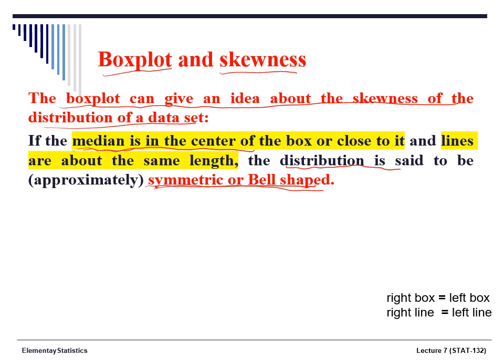Assume you are given a box plot, and you will have such a graph, such a box plot. Assume you have this one. Now here in this box plot, I will make it clear.